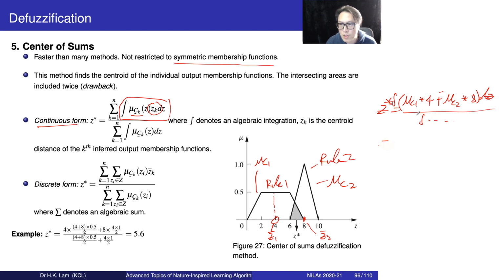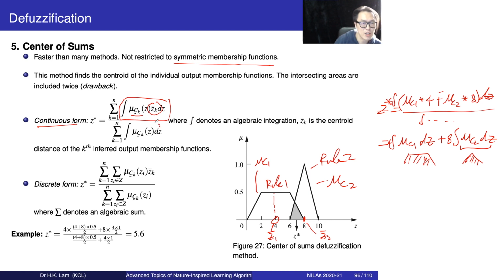When we do mu c1 dz, because this 4 is a constant, we can take it outside the integration. The same for 8, mu c2 dz. Mu c1 dz, actually you are finding the area under the curve of the first trapezoid, and this one is finding the area under the curve of this triangle. So the lower part is the sum of the two areas of this triangle and trapezoid.